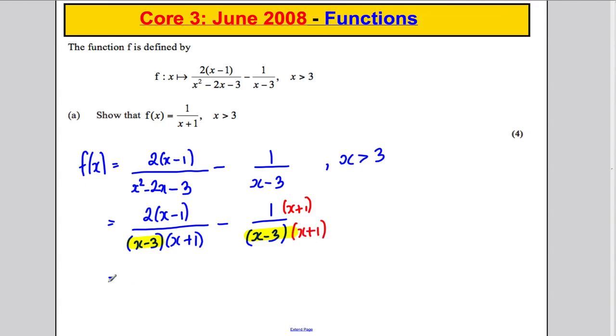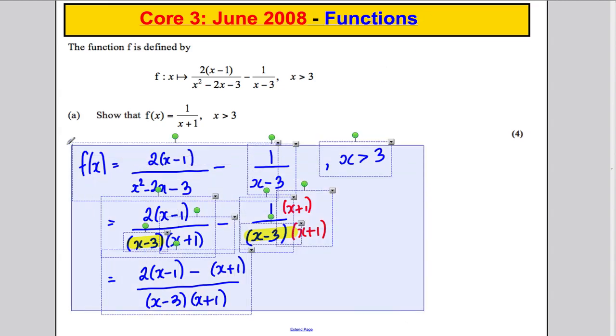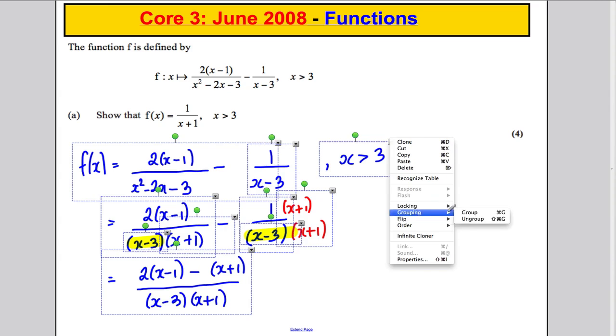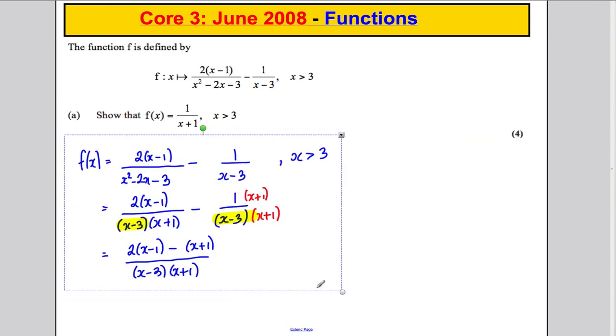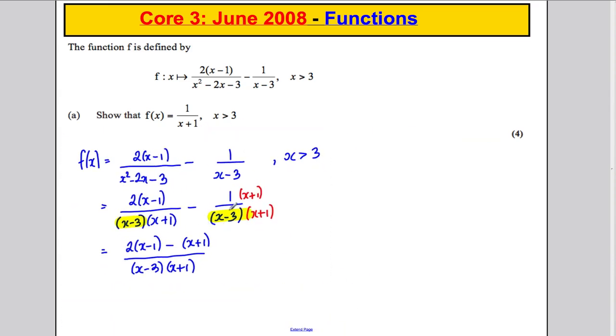And therefore you would get on the top, then you could do the subtraction, 2x subtract 1, subtract x plus 1, all divided by x subtract 3, x plus 1. Actually, at this point, I'm just going to highlight this here, and make that a bit smaller.